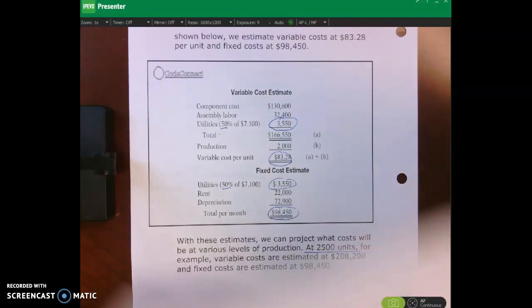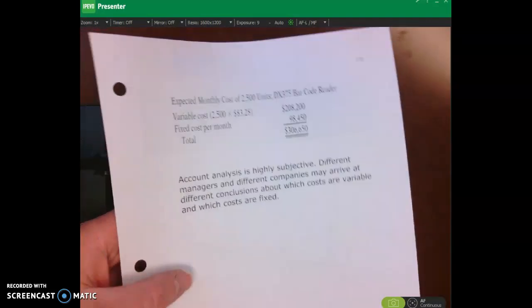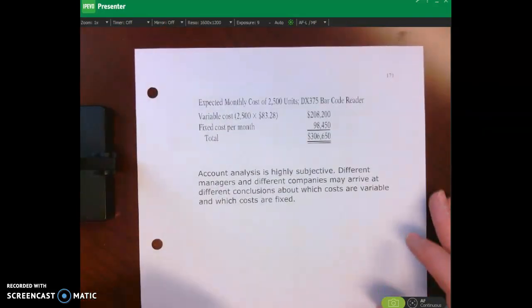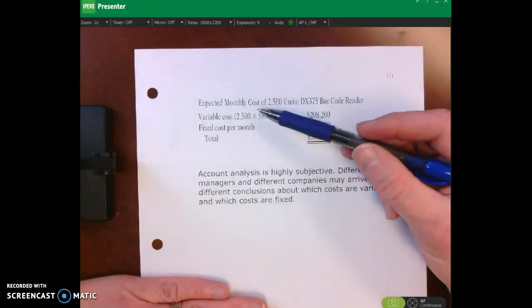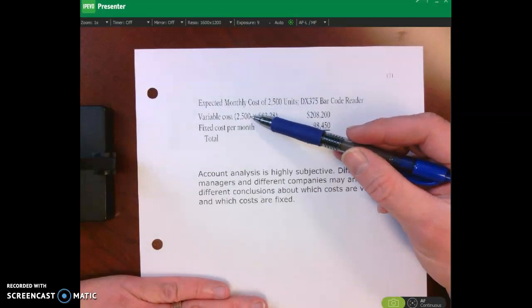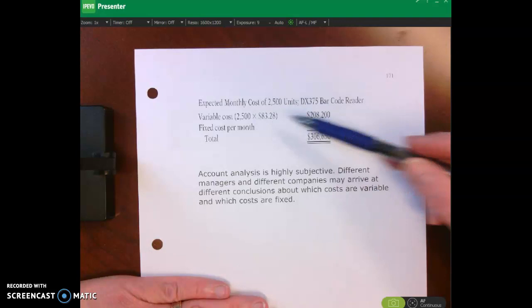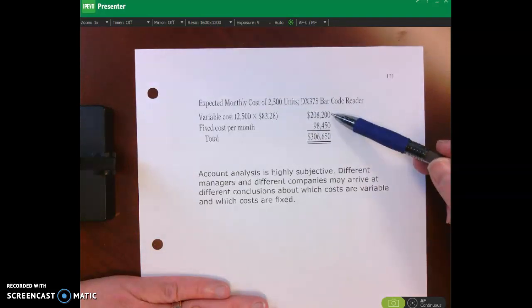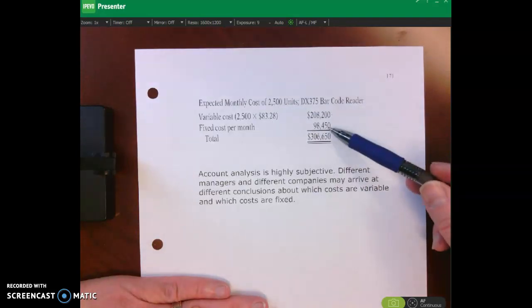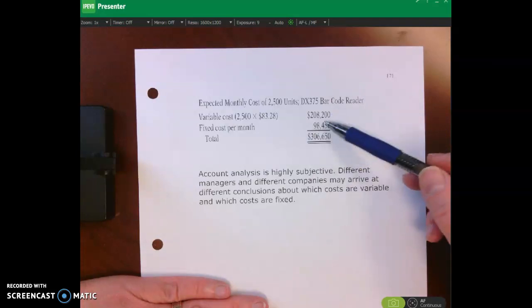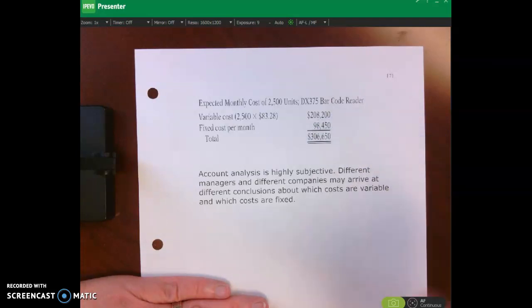We can use that information to help us estimate what total costs would be at 2,500 units. So looking on the next page, we can say our total costs at 2,500 units would be equal to our 2,500 units times our variable cost per unit, which we know stays the same. This is our total variable costs. We know our total fixed costs are $98,450. This was our $98,450, which we had for making 2,000 units.